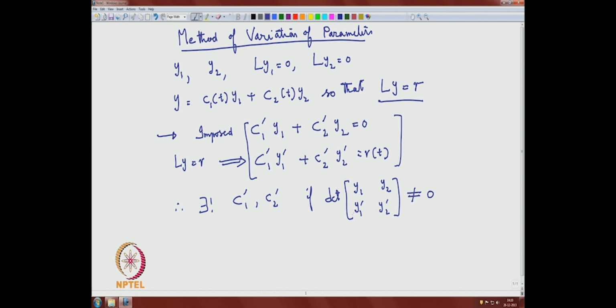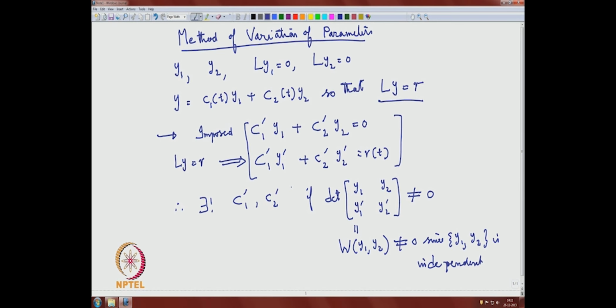But what is this? This determinant is nothing but the Wronskian of y 1, y 2, and this is non-zero since y 1, y 2 are independent solutions.